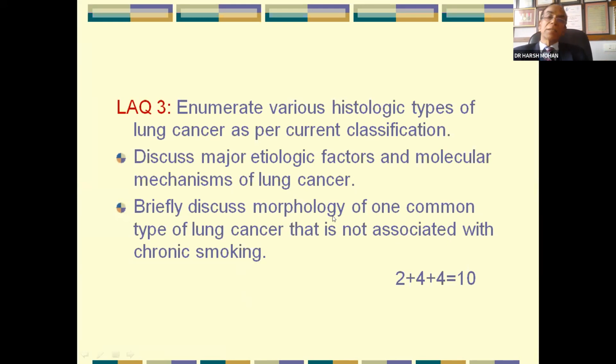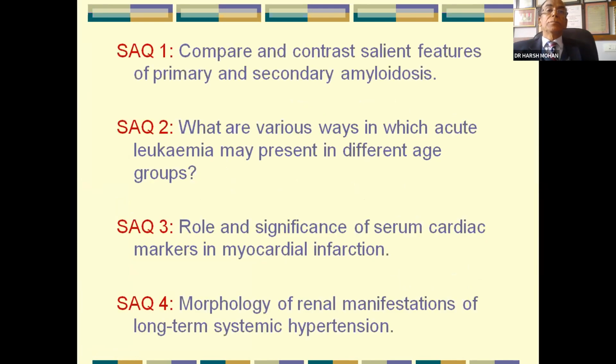When we say discuss the morphology, we're talking of gross and microscopy, which is again hardcore pathology. That carries 4 marks here. So the distribution of marks will be 2 + 4 + 4 as components of this long answer question. This is just to give some examples of long answer questions.